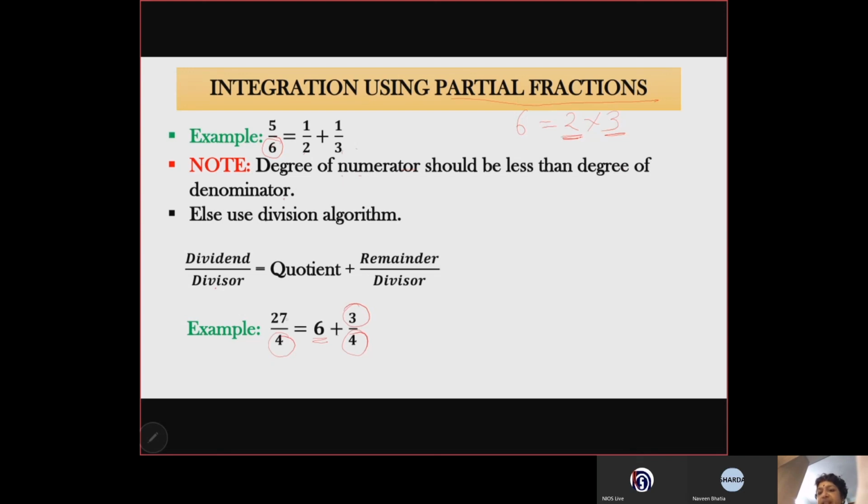So I can write 27/4 as 6 + 3/4. So similarly, if I have a polynomial upon another polynomial where the degree of the numerator is more than the degree of the denominator, I divide it, rewrite it like this, and then we try to integrate.